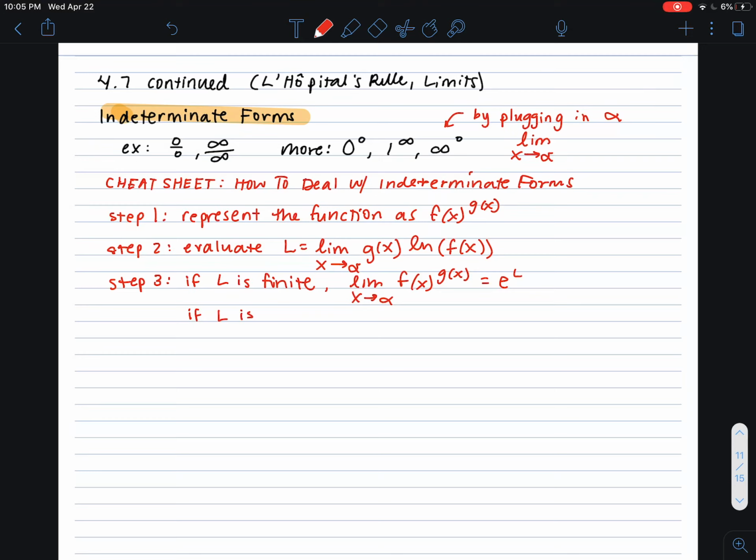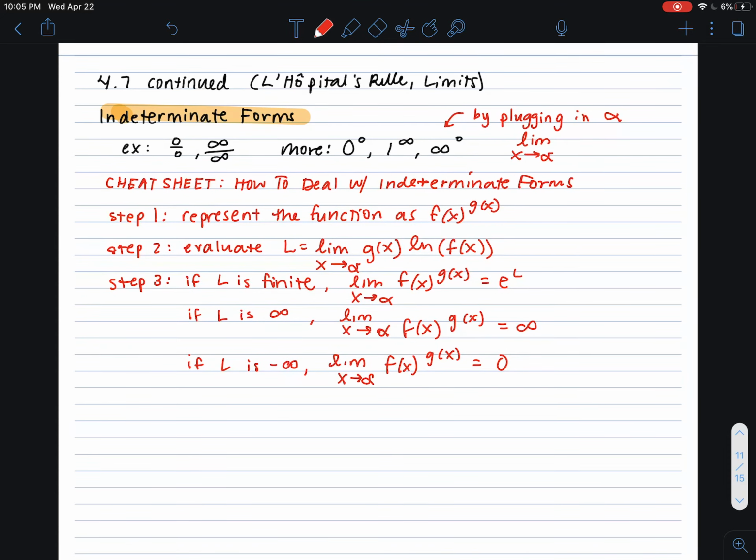If L is infinity, then the limit as x approaches alpha of f of x to the g of x is equal to infinity. And if L is negative infinity, then the limit as x approaches alpha of f of x to the g of x is equal to 0.